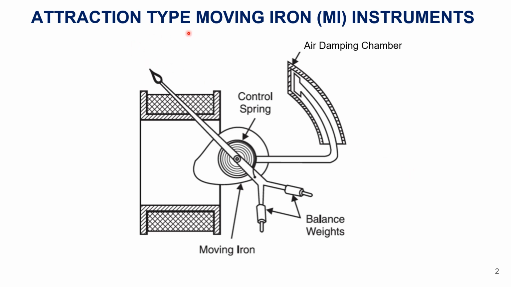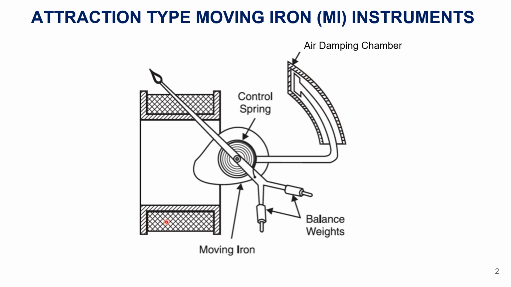First type is attraction type moving iron instrument. We have seen the diagram here. One oval shaped disc is there, and a control spring. There are balance weights and air friction damping is used.